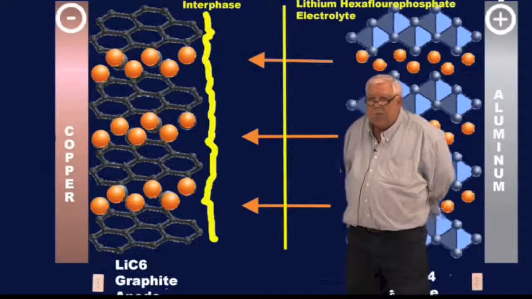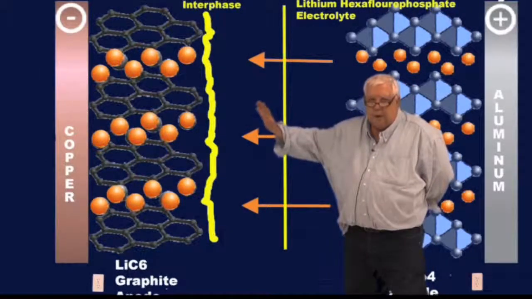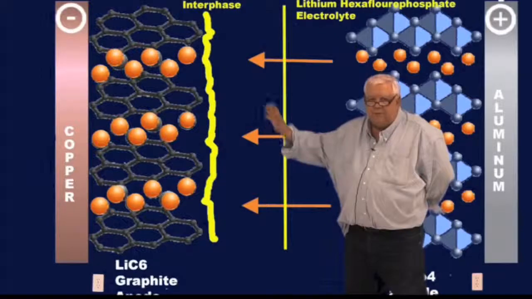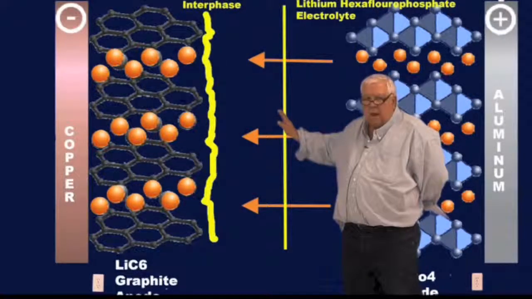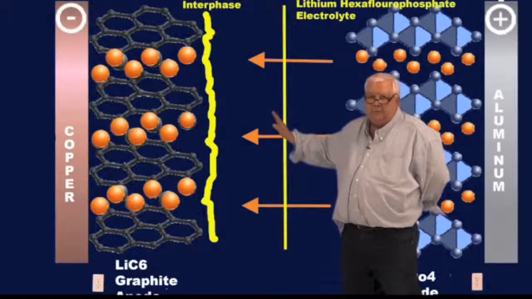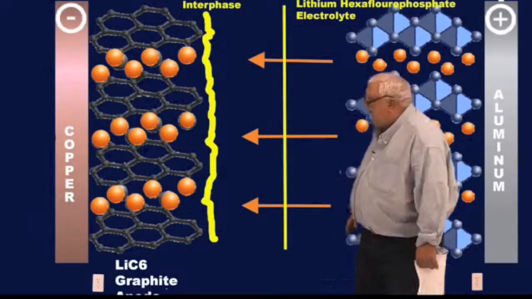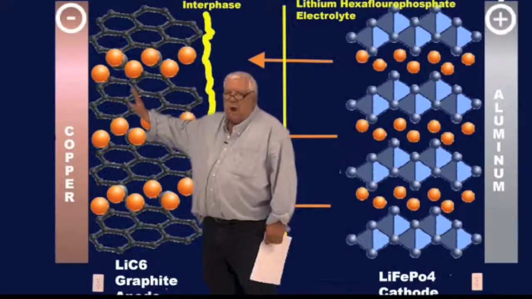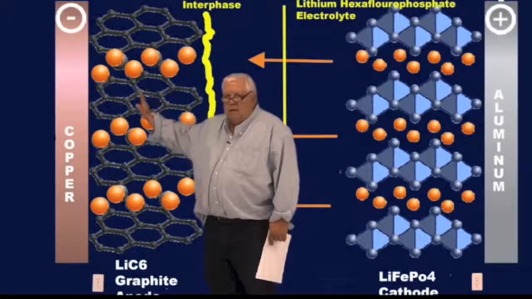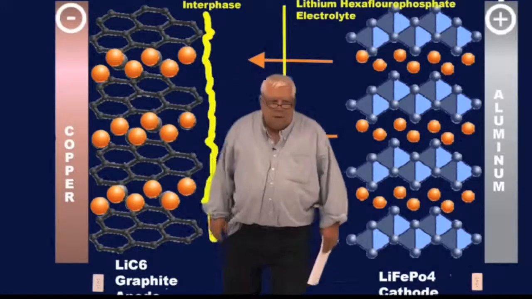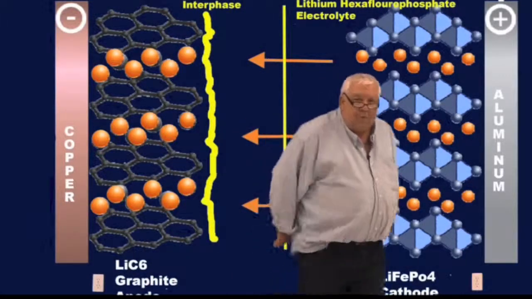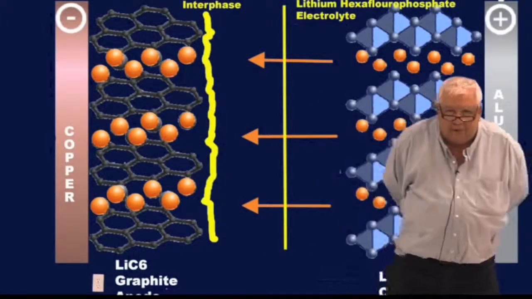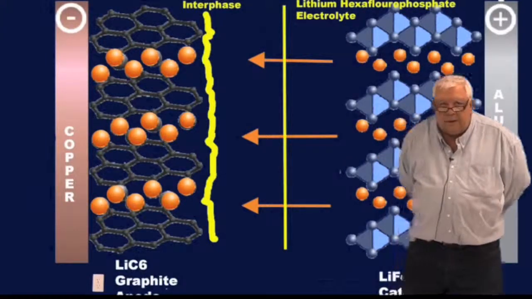If we had a bunch of them in the carbon suddenly exposed to our electrolyte, they would have a very thermal reaction. And so this SEI layer kind of seals off our lithium ions in the carbon anode and keeps the rest of the solvents from reaching them and causing a reaction. And so it's like a sealant.